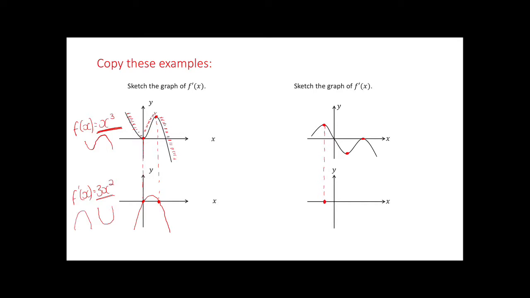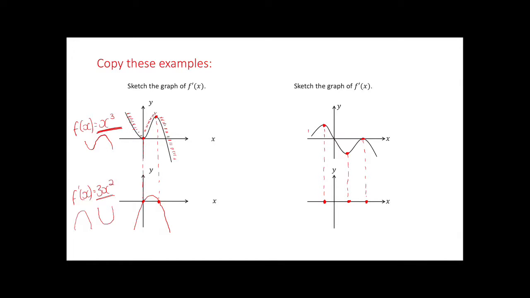So we've got this point here, this one moves down and becomes a root here, and then this final turning point moves down and becomes a root here. Now keep in mind that we're going from having 3 turning points to suddenly having 2 turning points. So we are now expecting to see 2 turning points in our derived graphs. Every time you differentiate, you drop a turning point essentially.